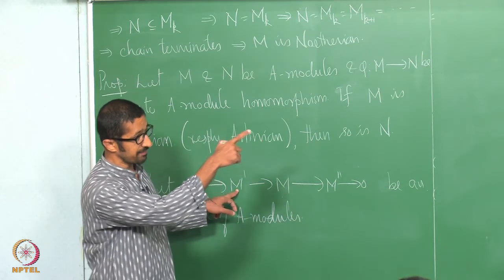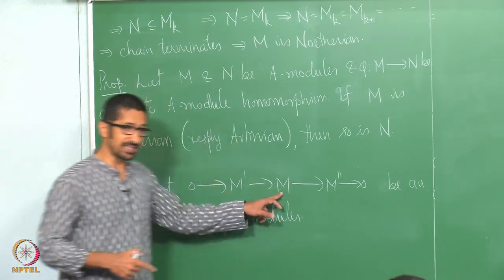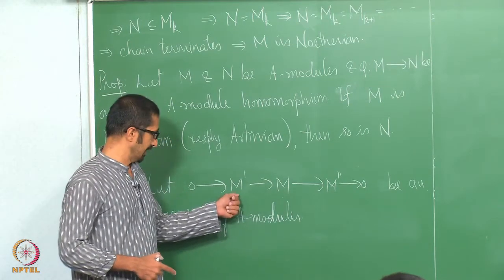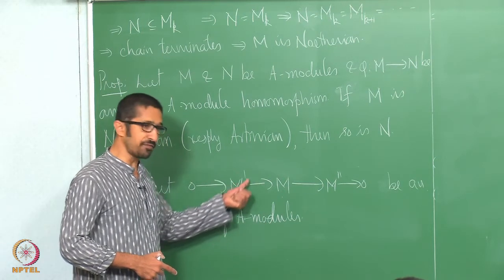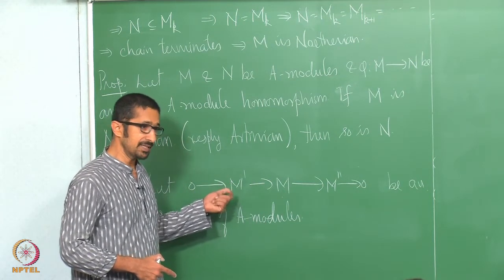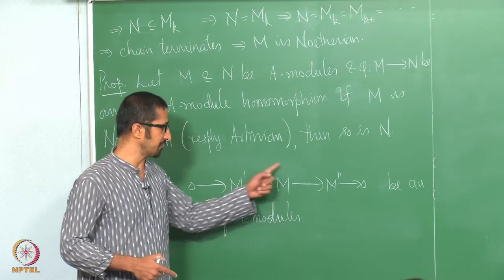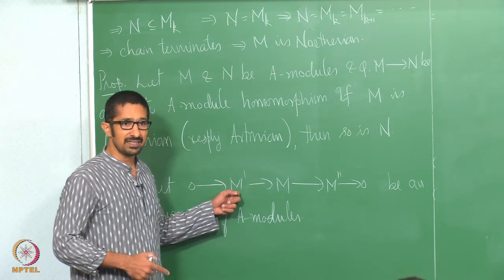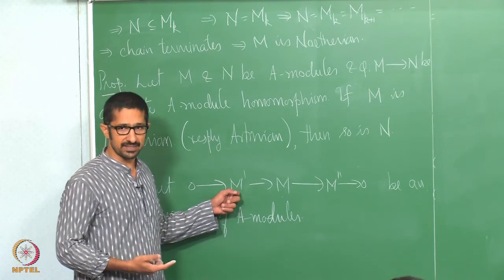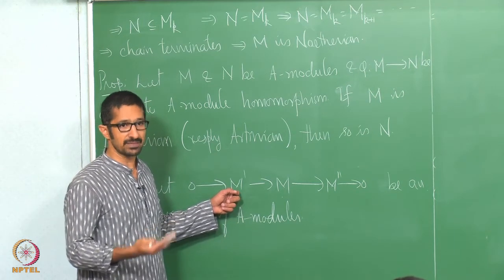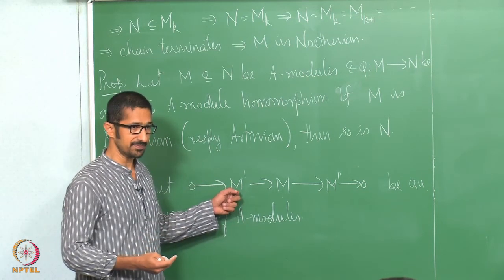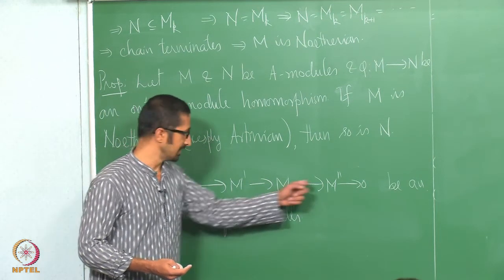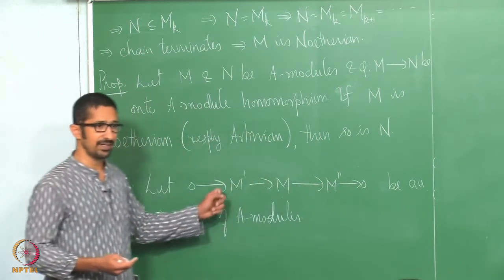We need to use the previous proposition. If M is Noetherian, every submodule of M is finitely generated. In particular, the collection of all submodules of M' is a subset of the collection of all submodules of M. In other words, every submodule of M' is finitely generated, which means M' is Noetherian by the previous proposition. So, if M is Noetherian, both of them are Noetherian.